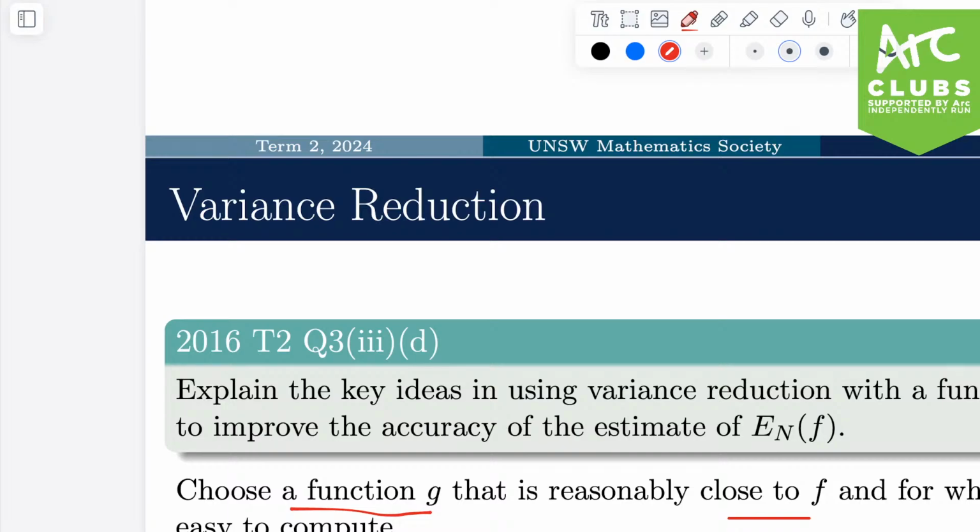Okay, it's not a square. It's actually just the empirical expectation of fxi minus gxi. But we want f and g to be close, so that the variance of fx minus gx is at least less than the variance of fx, right? So that we reduce the variance in our simulation, especially with RMSE.